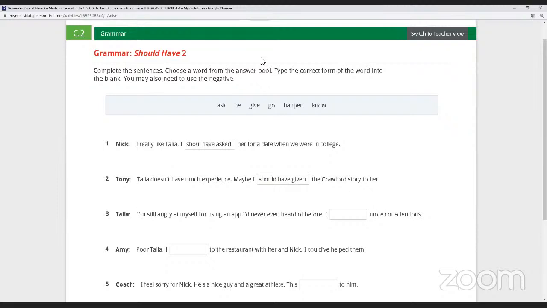I'm still angry at myself for using an app I never even heard of before. I should have been more conscientious.